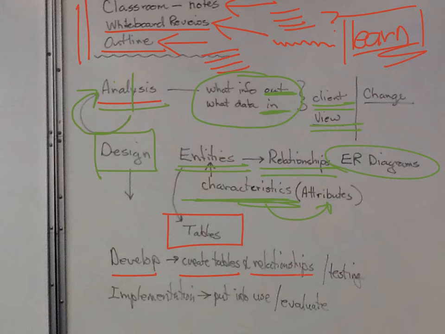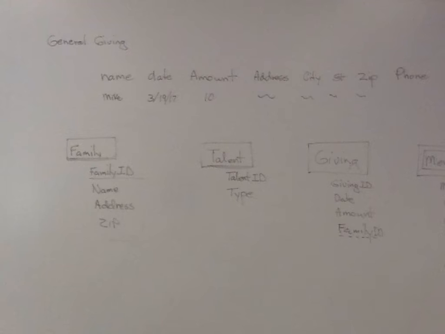Create the tables and the relationships and testing. And we've been working a little bit on the SQL in terms of requiring those relationships. What are those relationships? One-to-one, one-to-many, and many-to-many. Plus there's other constraints. Implementations where you actually put the database into use. And then you evaluate how well.